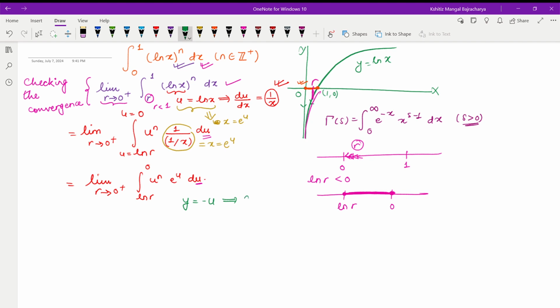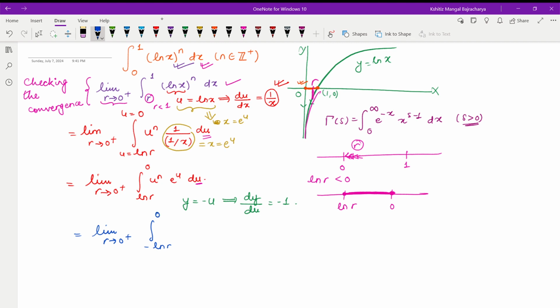Then the substitution factor will be minus 1, and what are we going to get? The lower limit will be minus log r, the upper limit will be 0.